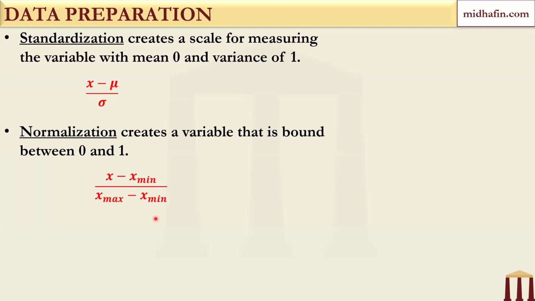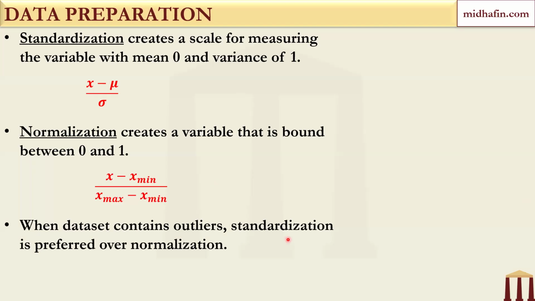You can think of it like stretching or squeezing the data so that the smallest value becomes 0 and the largest value becomes 1. Now, which one is preferred in which case? When the data set contains outliers, standardization is preferred over normalization.